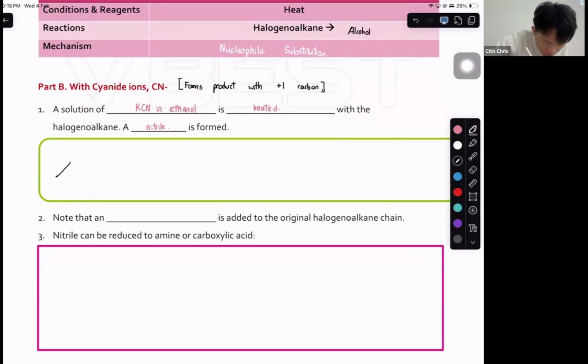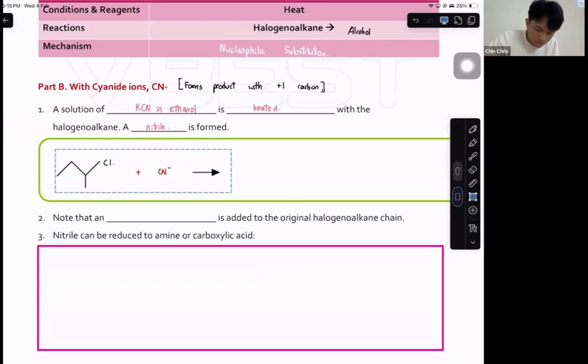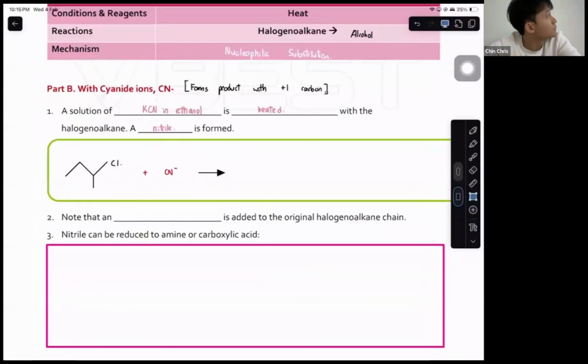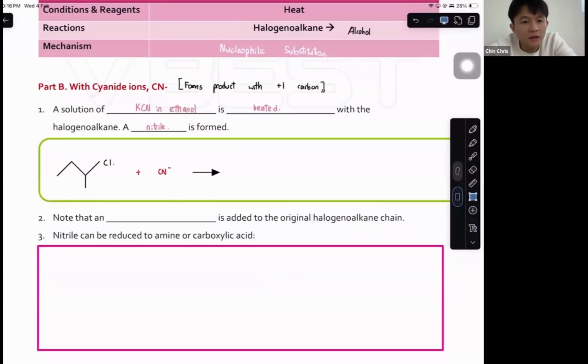Okay, guys, I will give you one example. Again, please draw it out.